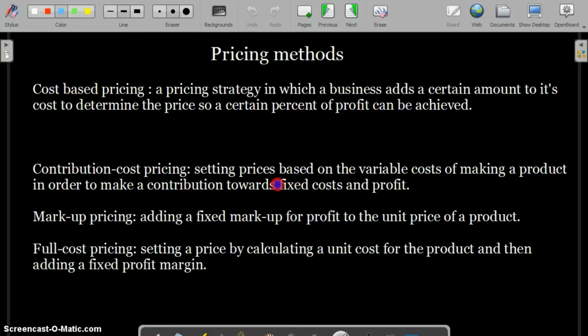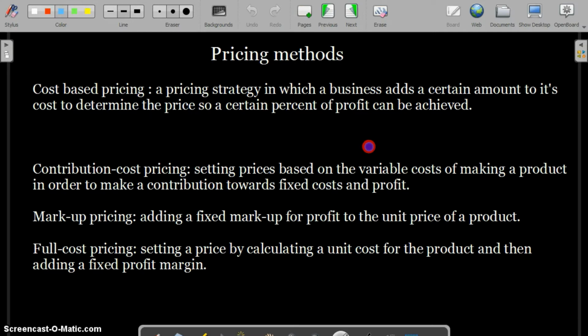But in this one, the variable costs are costs that vary with number of outputs, so per unit variable cost. If you are making a product, for example a Coke, let's say the variable cost for a Coke is $2, and you want the fixed cost for making 1,000 Coke bottles, let's say $100.